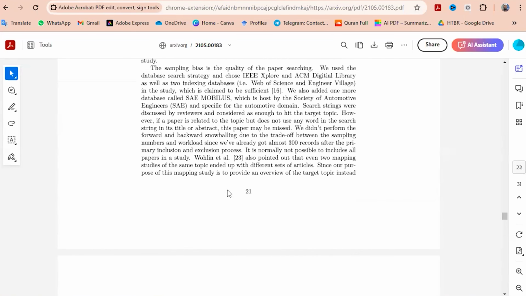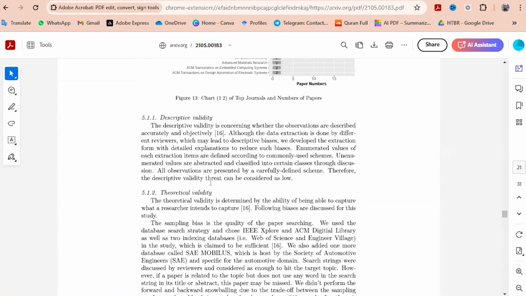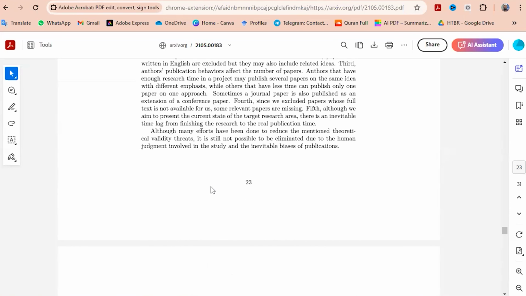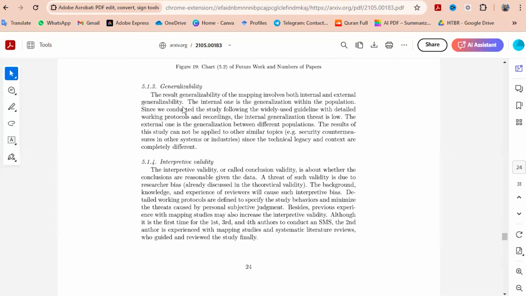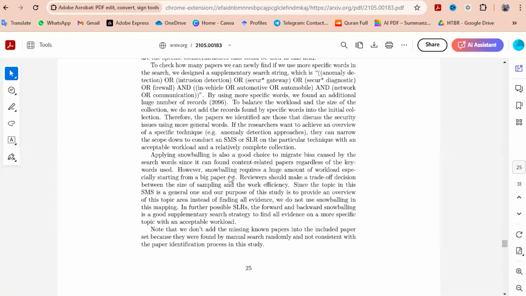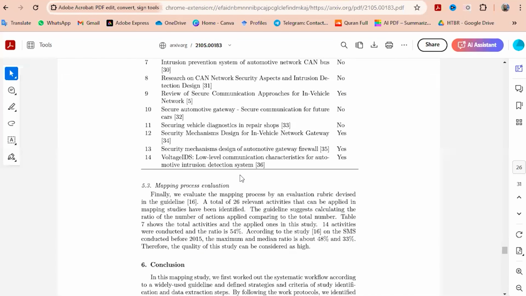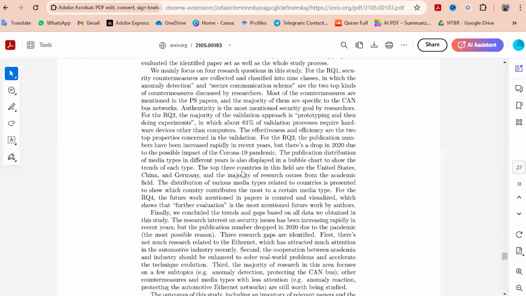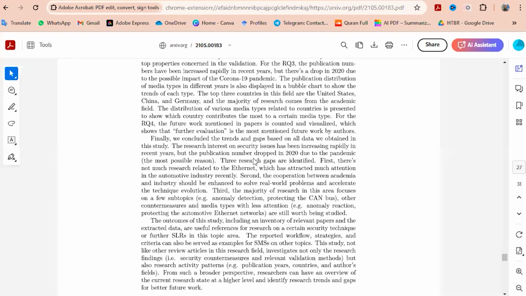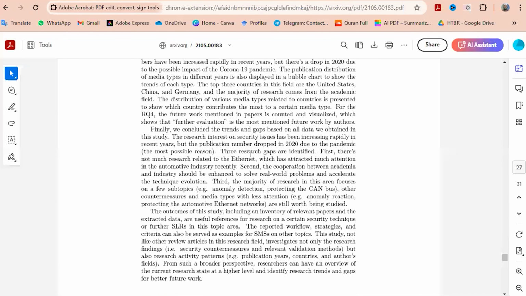They must mention in the paper, in the analysis section, what the gaps in the existing literature are. Let me show you. In the conclusion, they must mention the research gap.